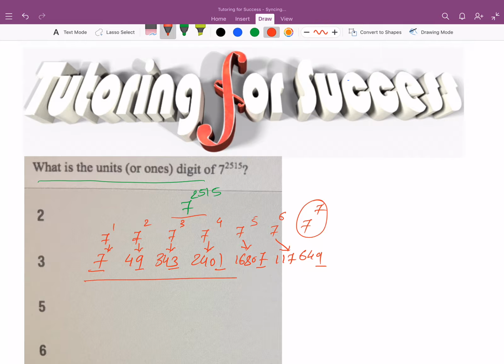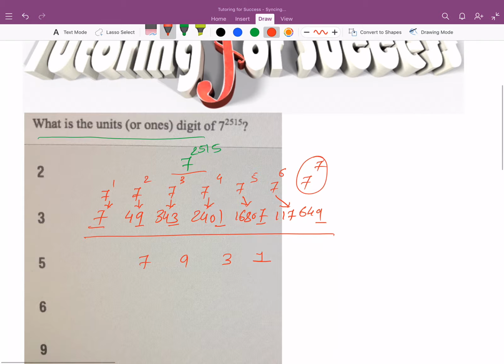So there was a pattern of 4 different numbers: 7, 9, 3, and 1. It doesn't matter how much longer you go, expanding it to infinity, this pattern will prevail.